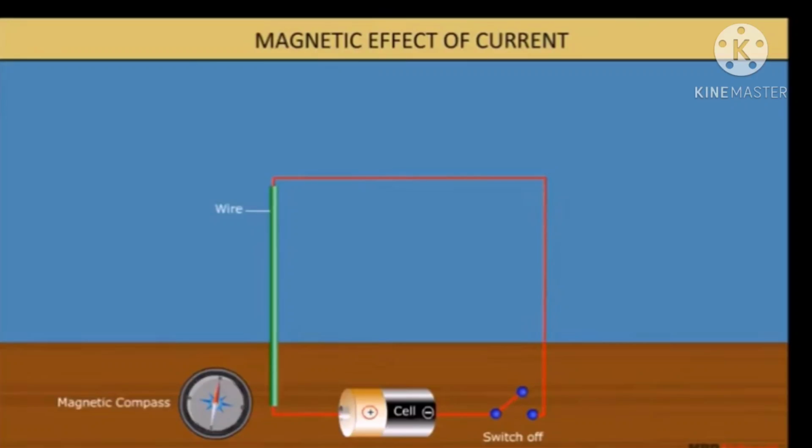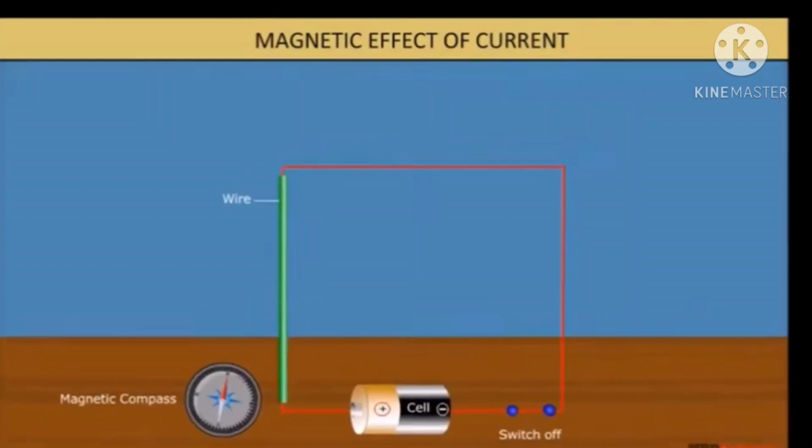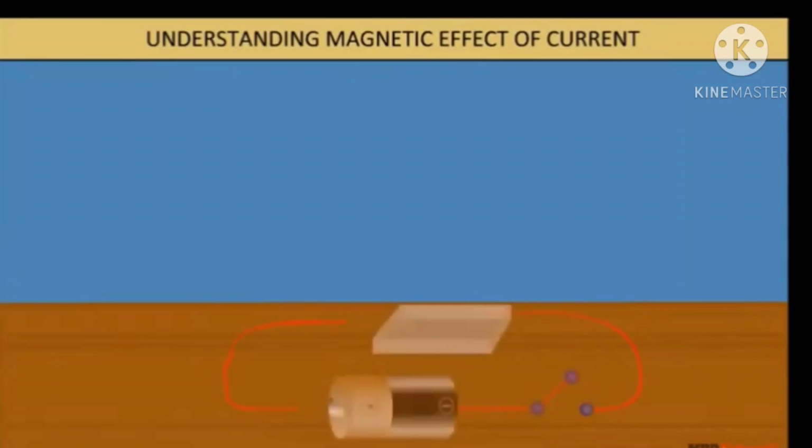Then he placed the magnetic compass near the wire. Now, when he allowed the current to pass through the wire by closing the switch, he observed deflection in the magnetic needle. He also noticed that it acquires its original position when the flow of current is stopped.